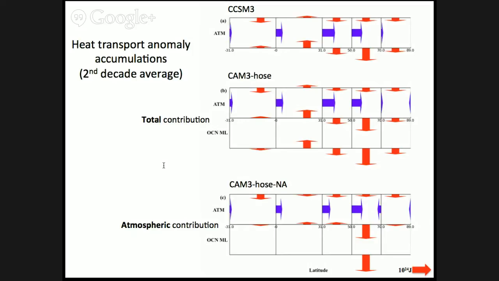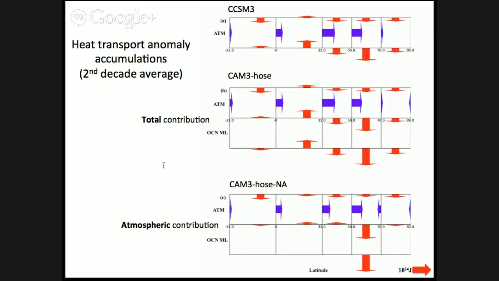You see that in the atmosphere contribution, the surface is cooled by the atmospheric heat transport, and this heat transport requires heat from the top of the atmosphere. And the ocean actually induces local circulation here.